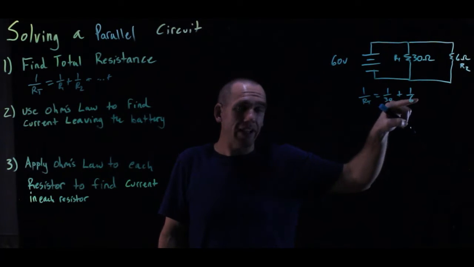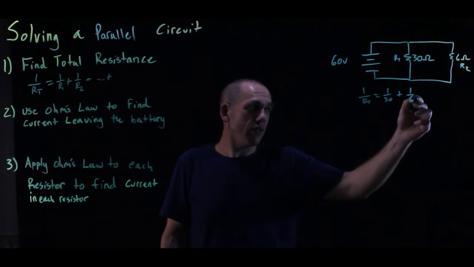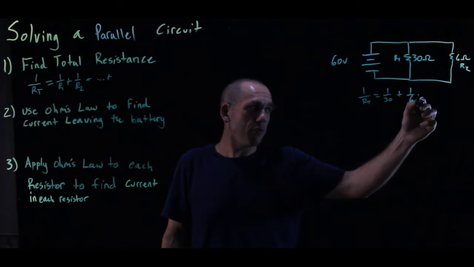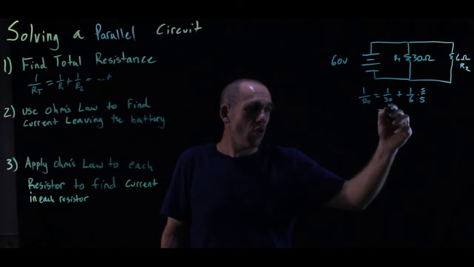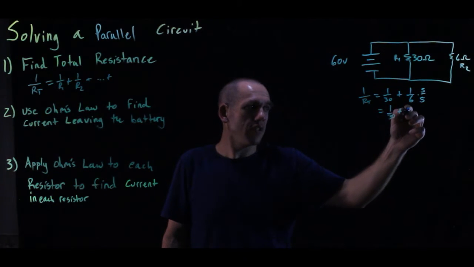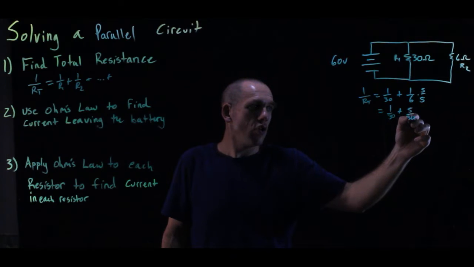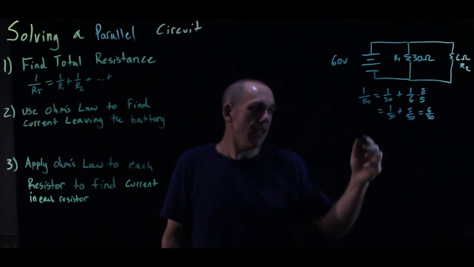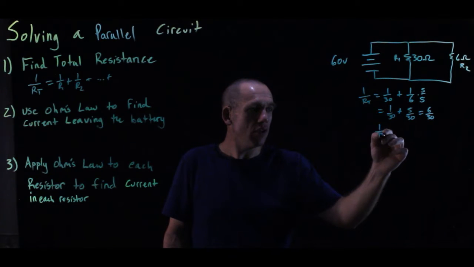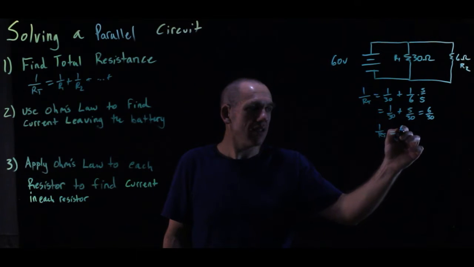Well, to add fractions, I have to have a common denominator, so to get a common denominator of 30, I'm going to multiply this one by 5 over 5. And so that's 1 over 30 plus 5 over 30, which is 6 over 30. We just add the tops. And so that's 1 over the total resistance is 6 over 30.